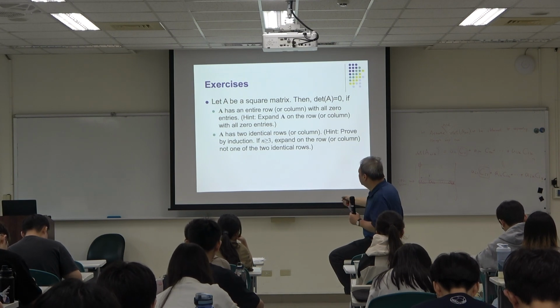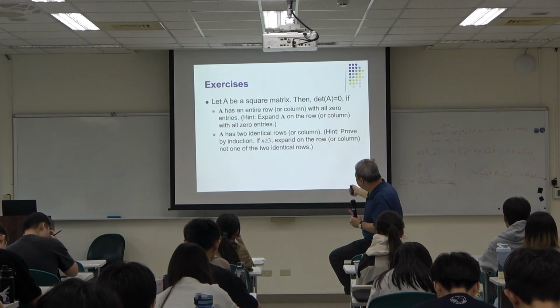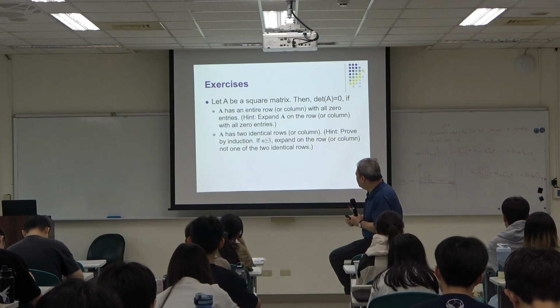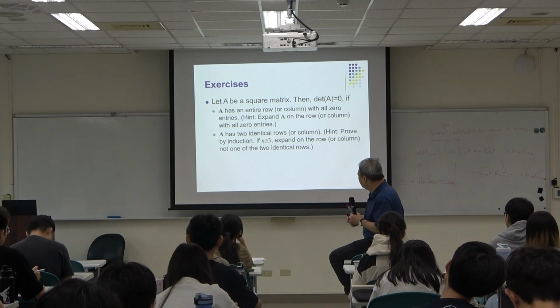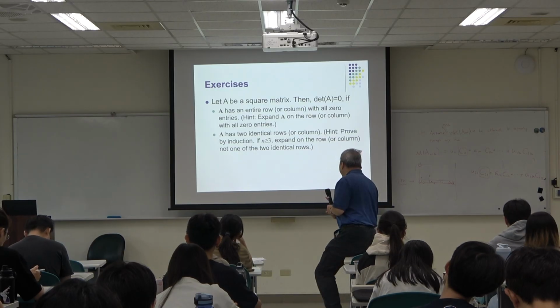The second one is more interesting. If A has 2 identical rows or 2 identical columns, then the determinant of A is 0 too. This one can be done by induction.